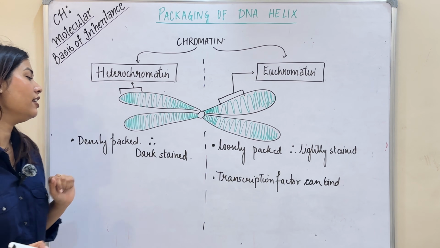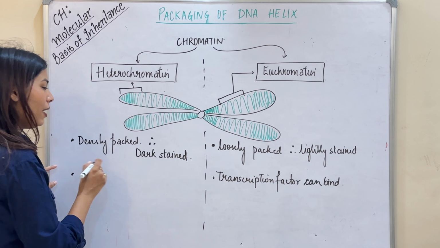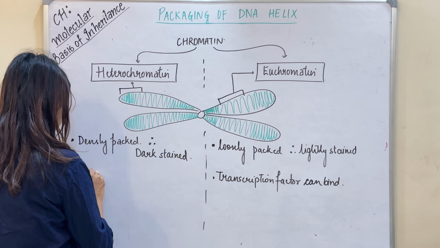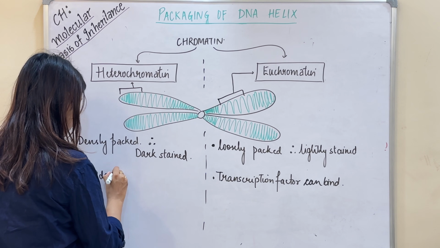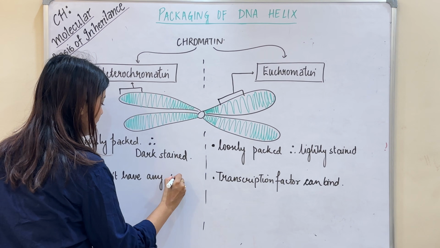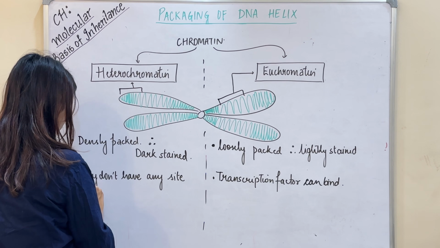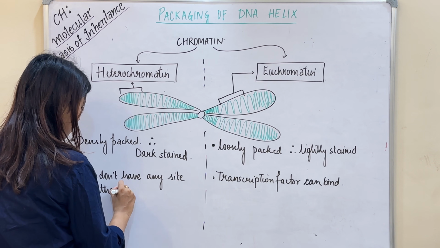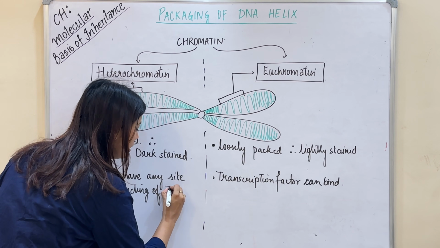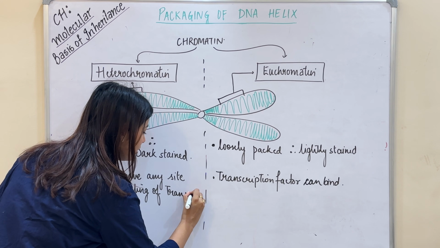But heterochromatin is very dense, so it cannot provide any space for the transcription factors to bind. So they don't have any site for the binding of transcription factors.